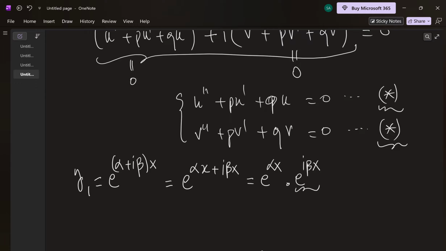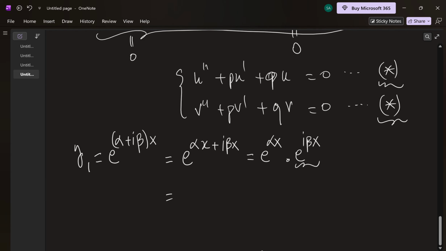And you know what this is, the exponential of a complex number, so we will get finally exponential alpha x times cos beta x plus i sine beta x.